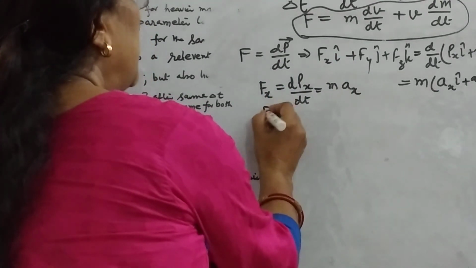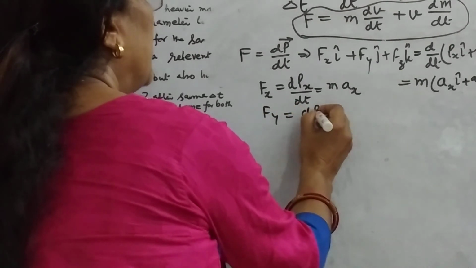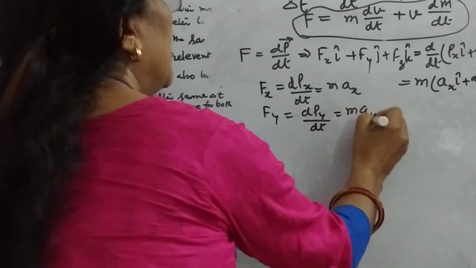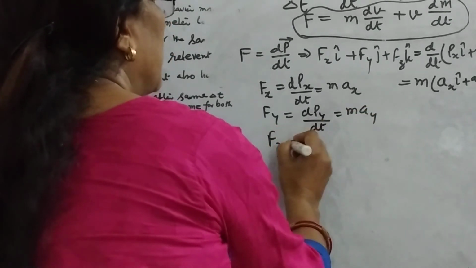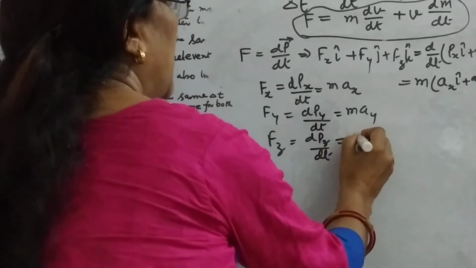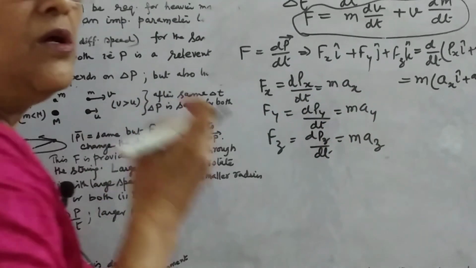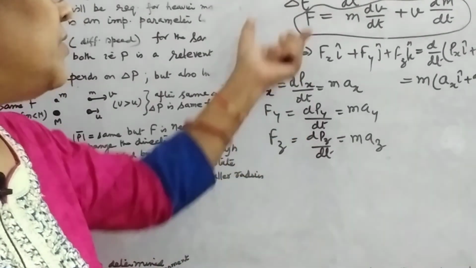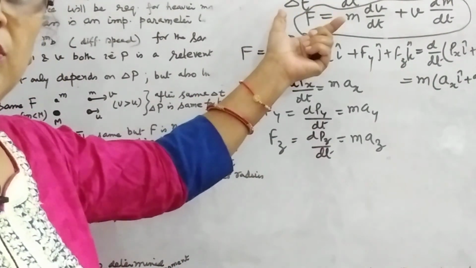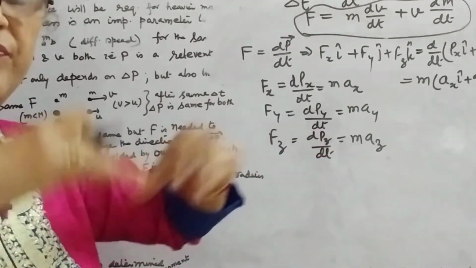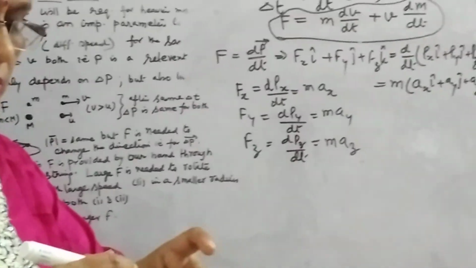Similarly, you can write Fy as dpy upon dt equal to may, and Fz can be written as dpz upon dt equal to maz. So in this way we can say how Newton's second law, that is the equation of force, is applicable in different directions.